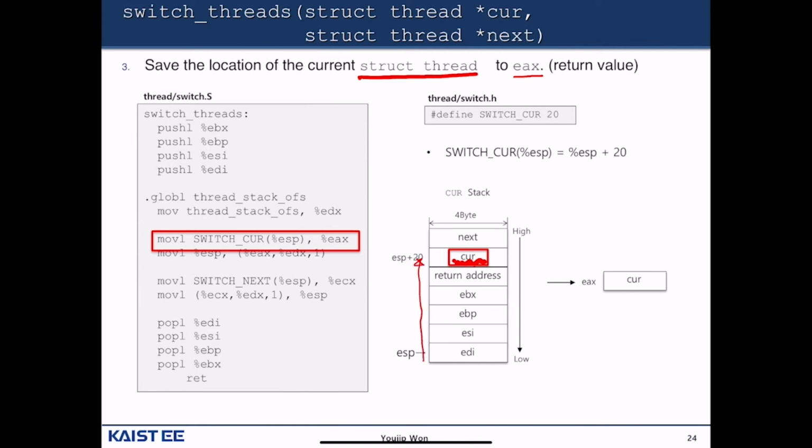So by switch_cur, which represents 20, if from the stack pointer you go up 20 bytes, that location contains the address of the current struct thread data structure. So by executing this statement, the EAX register comes to contain the address of the current thread structure.